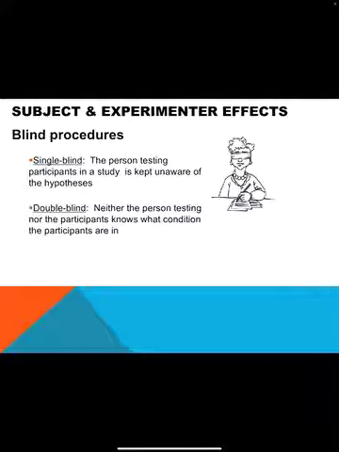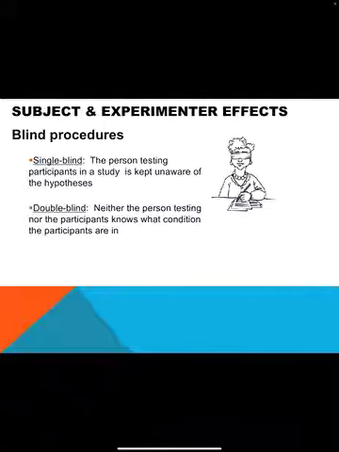So, one way to combat that or to eliminate that source of bias is to have the people testing participants in the study, in this example, the person weighing the participants, not know what group they're in. So, how can they fudge on the people that are getting the drug if they don't know whether the people got the drug or not, or whether they were in the control group?